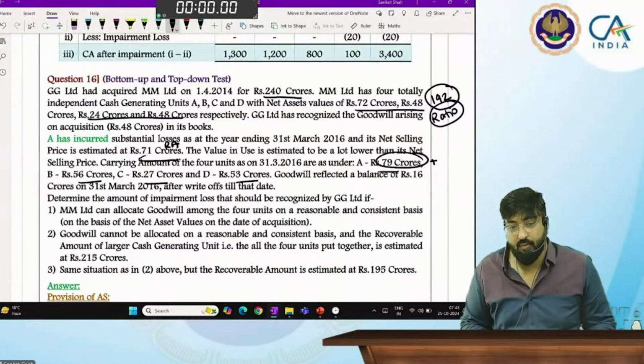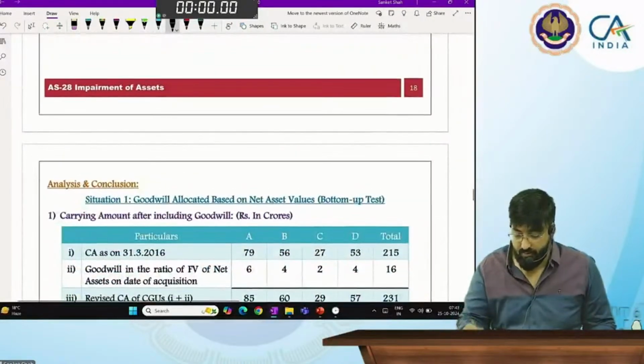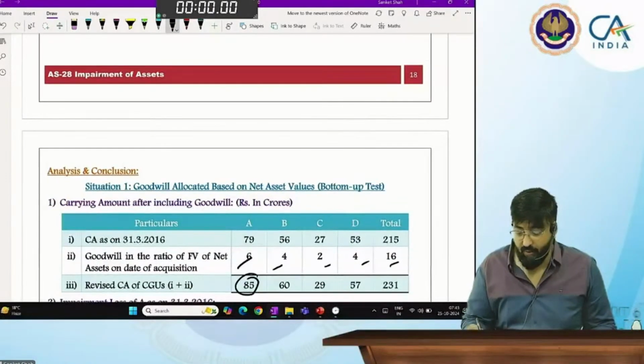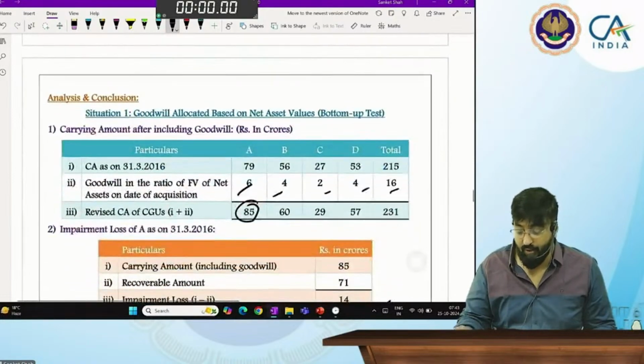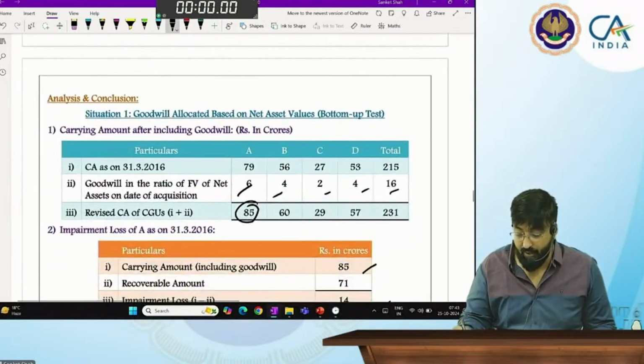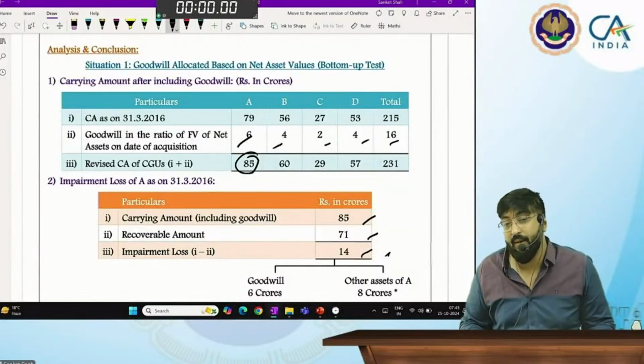Yes, sir, 5.99 came, right? 5.99, yes, 6. Then 6, 4, 2, 4, 2, 4 and 16. Now what is the recoverable amount of A? 85. Sorry, 85 is the carrying amount after goodwill and recoverable amount is 71. So 14 is my impairment loss.